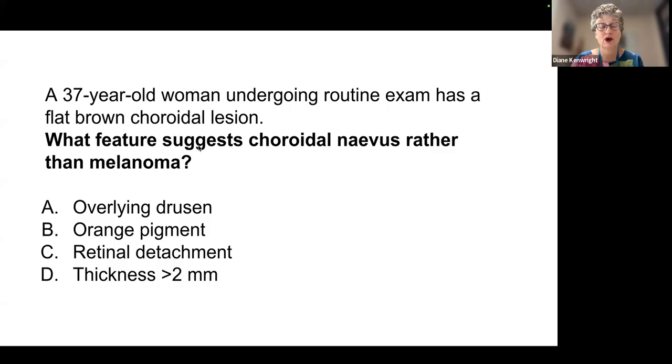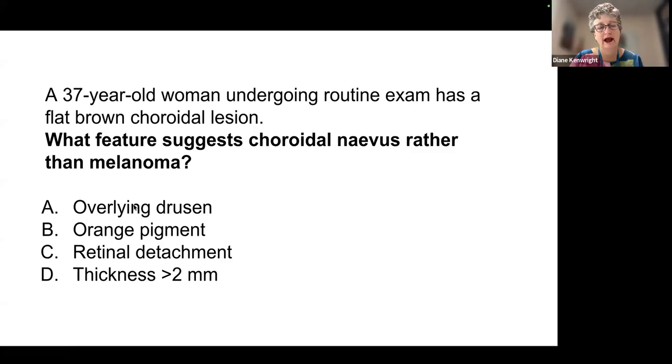All right, flat brown choroidal lesion. What feature suggests choroidal nevus rather than melanoma? Okay, this is a bit tricky. This would suggest melanoma. This would suggest that it was thick and maybe aggressive; nevi are usually quite flat.